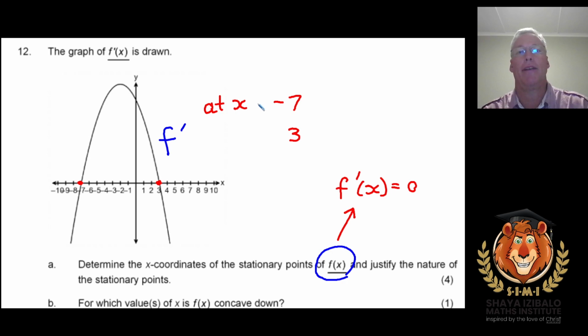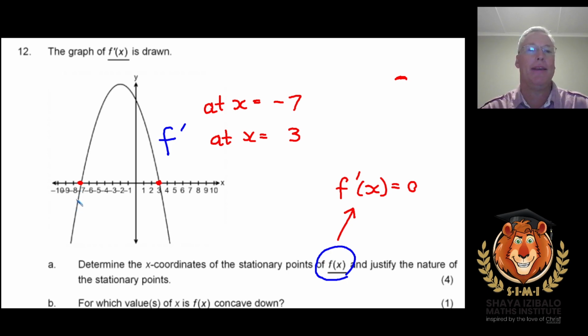Now let's look at the nature of these, in other words, which one is a maximum and which one's a minimum. We know here's an x value of -7, and we know that the gradient is 0 at that point, so the graph's flat just for an instant there.